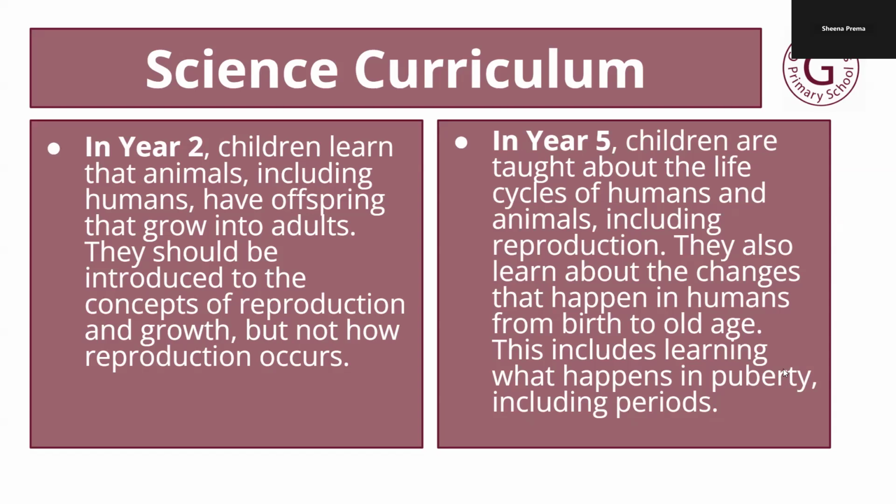They learn about the changes that happen in humans from birth to old age. This includes learning what happens in puberty, and it touches on periods too. Our children do this within their science curriculum, so there is no opt-out of this, but it happens in a separate subject. If you choose to opt them out of sex education, other than these objectives, then they would not take part in their PSHE.